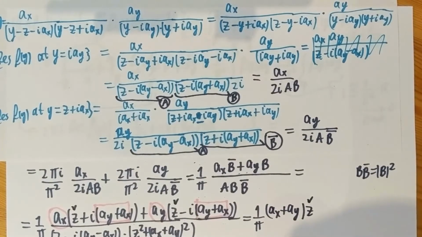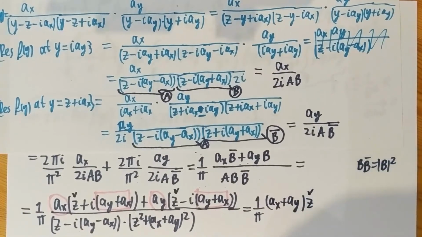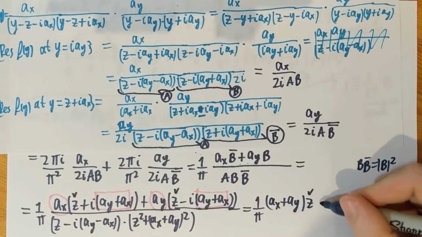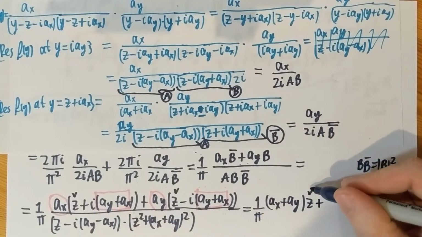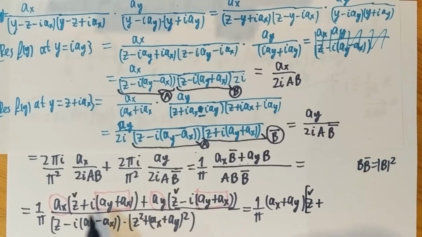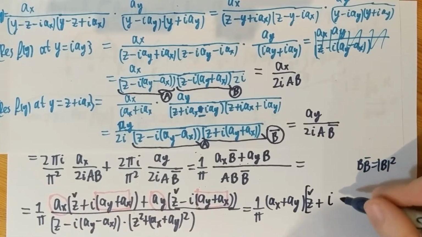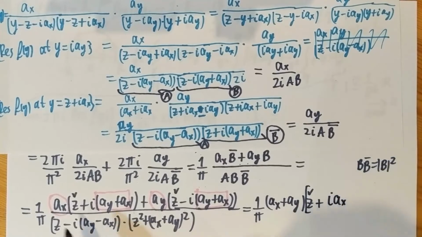And then I'm going to have ay plus ax separately. One of them is multiplied by i ax, and that's this term, i ax, the sum.